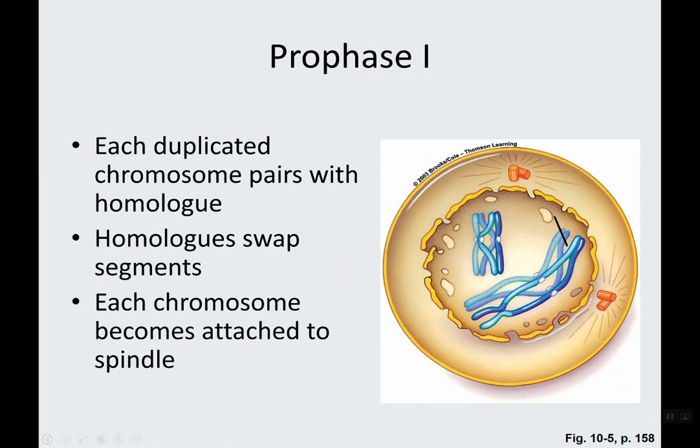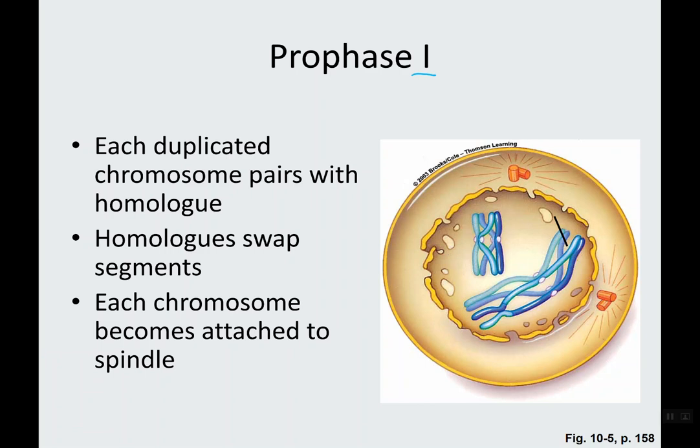So prophase 1 is named for the events, and the fact that it is 1 indicates that this is part of meiosis 1. So there's two phases of meiosis, phase 1 or meiosis 1 and phase 2 or meiosis 2, and each of them have phases that resemble mitosis but are not mitosis. So each duplicated chromosome pairs with its homologue.